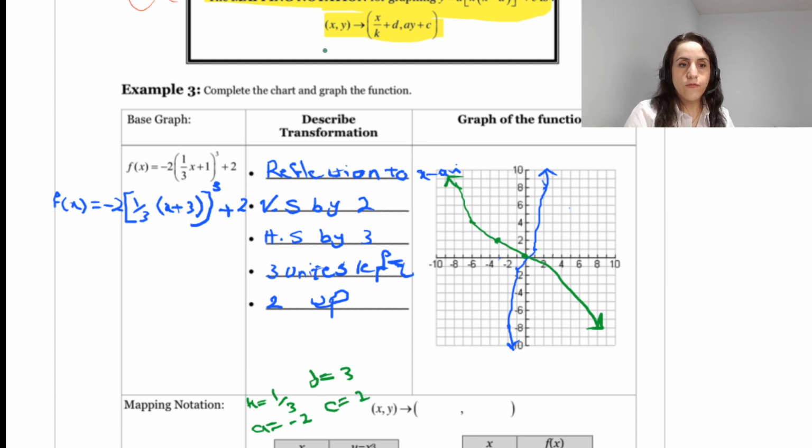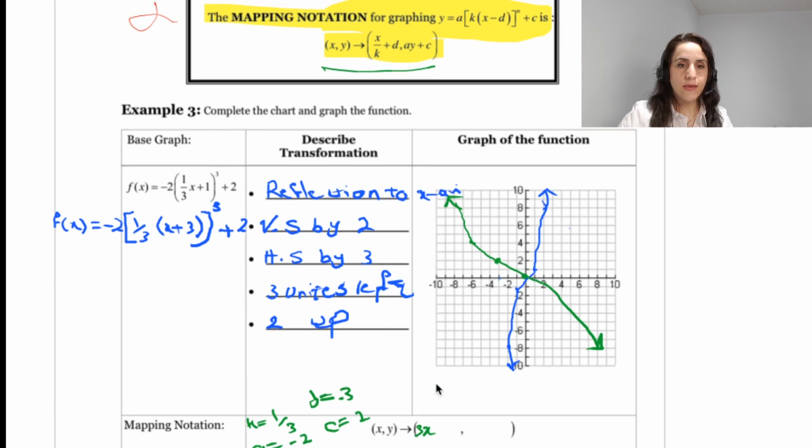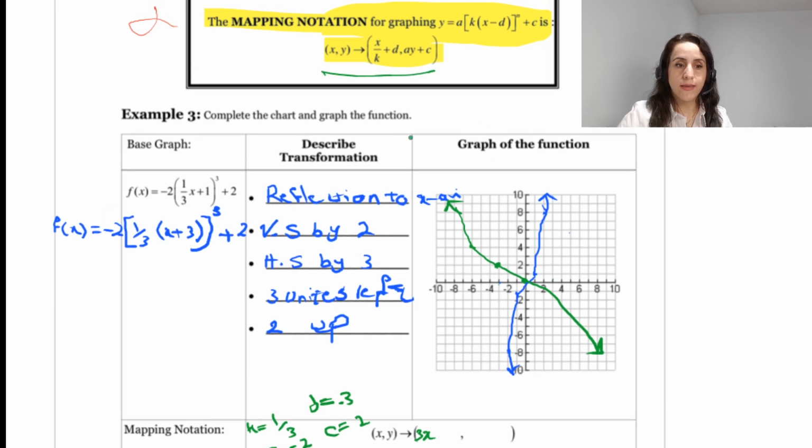Then if I use this formula, I have x over k, which means 3x, and then d. d is 3, but d is going to be negative 3 in the formula, because as you see here, it's x minus d. Here I had x minus negative 3. Then it's going to be 3x minus 3, and y is going to be negative 2y plus 2.